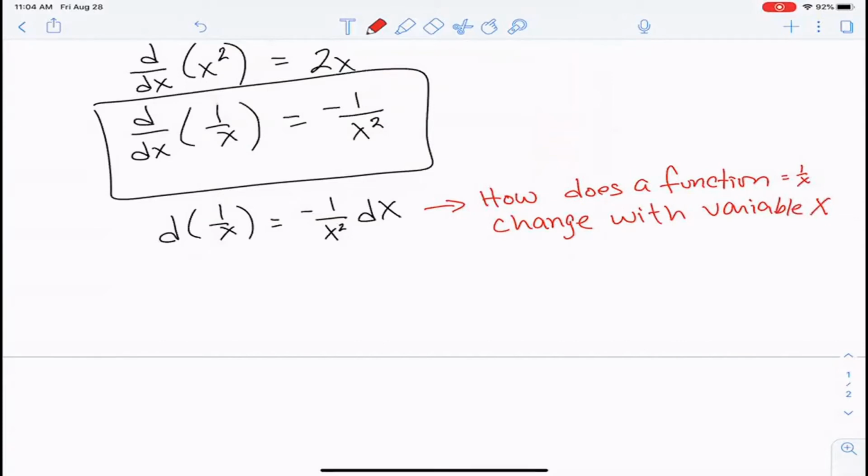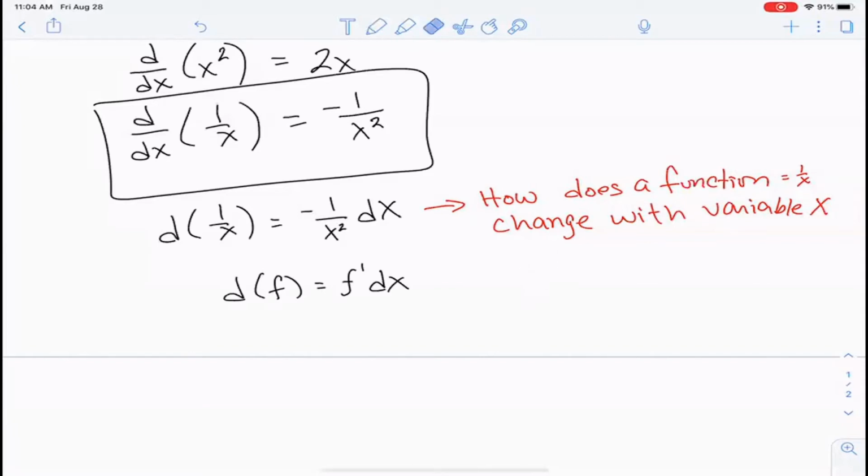And we could ask that question with any generic function. So we could say that the derivative of some function is how it changes, which is the derivative with respect to some variable x. And of course, that's just equivalent to df dx.